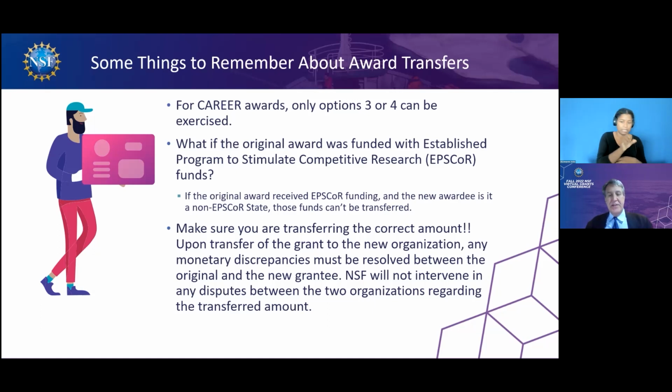Another thing that I would mention is, if you are the original awardee organization, always reconcile the amount of the transfer. NSF does not get involved if there are any discrepancies whatsoever in terms of you transferred too much, you transferred too little.